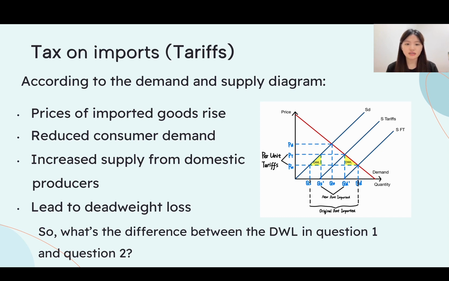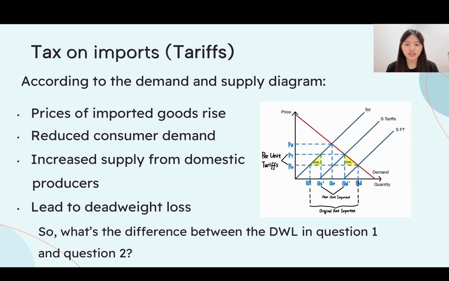Firstly, consumption tax is the tax levied on particular goods, whereas import tax is the tax levied on imported goods from other countries. Secondly, a consumption tax causes consumers to consume less because of price increases and producers to supply less because of higher production costs, leading to deadweight loss.